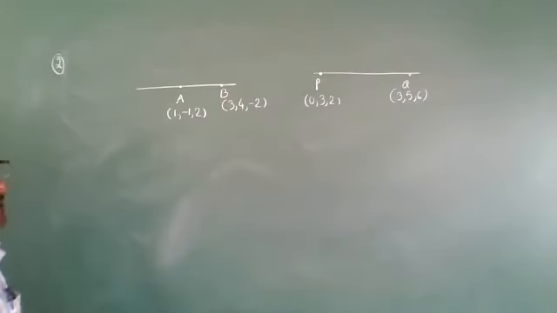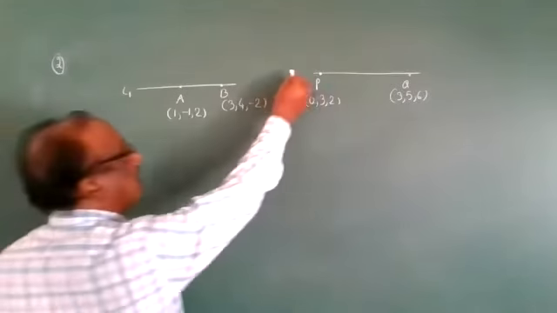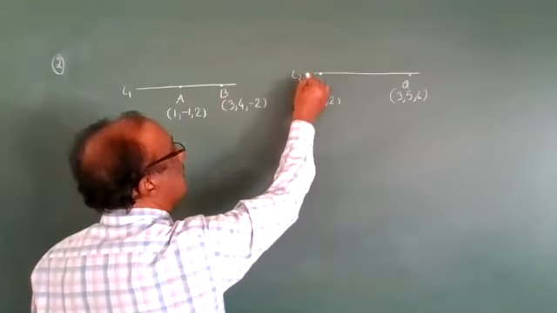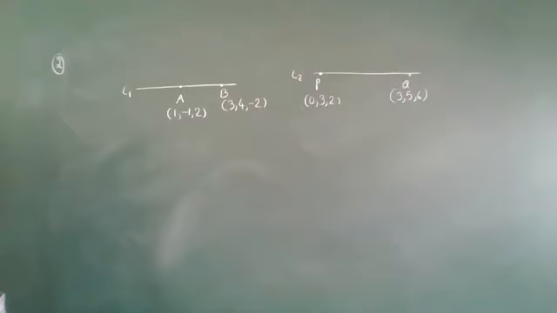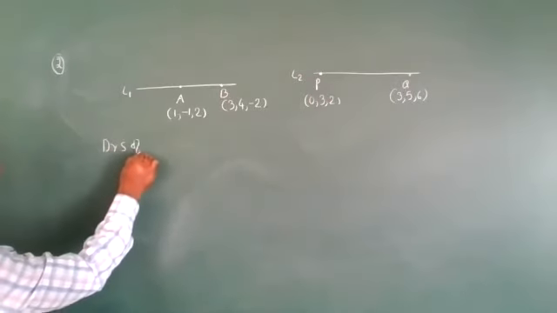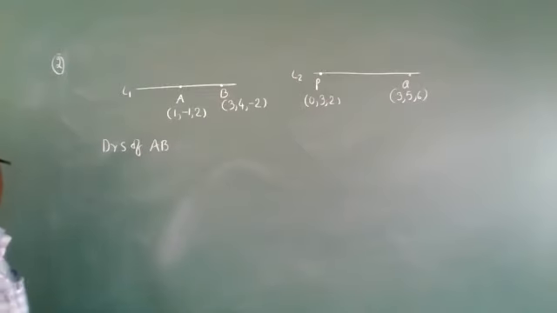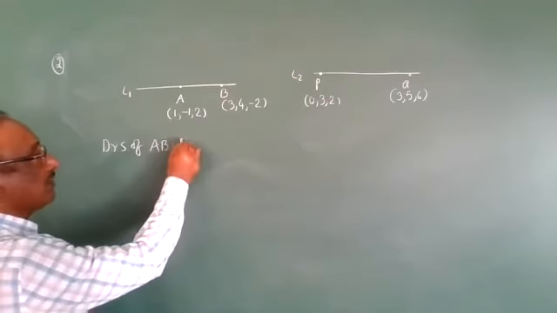First, find the DRs of the first line L1, which is AB. What is the DRs formula?